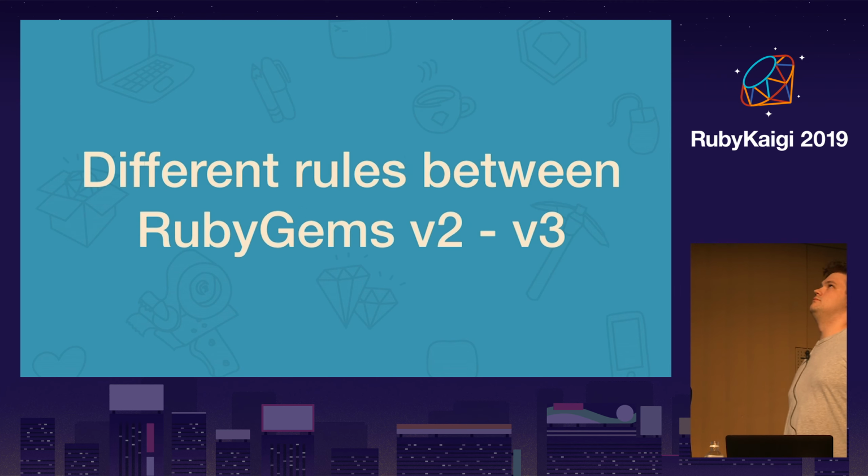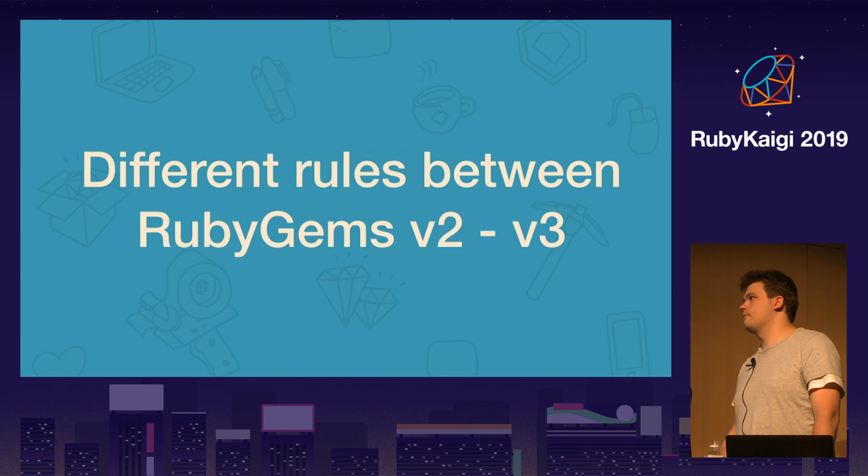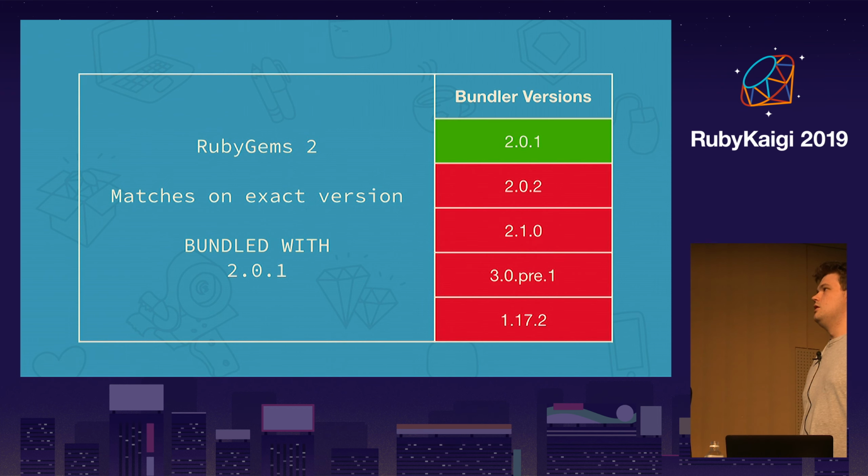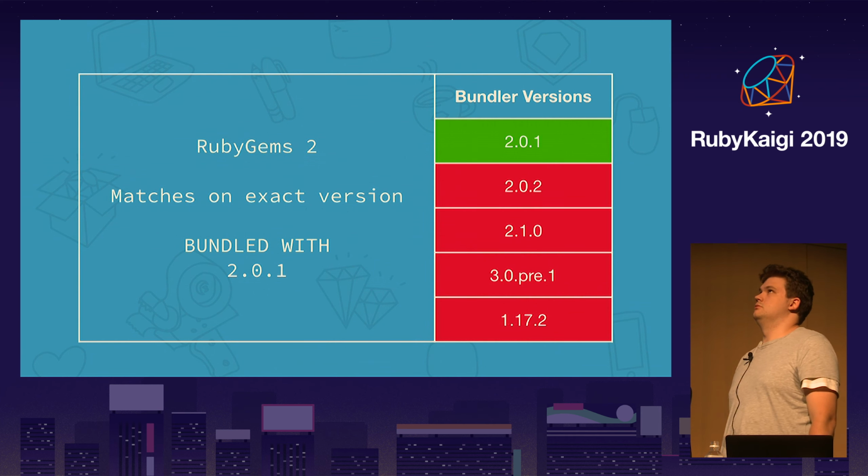But unfortunately, this is where it gets tricky because there are different rules between RubyGems version 2 and RubyGems version 3. In RubyGems 2, it actually just matches on the exact same version. So if you have a gemfile.lock that's been locked with 2.0.1, RubyGems is going to look for the exact same version.